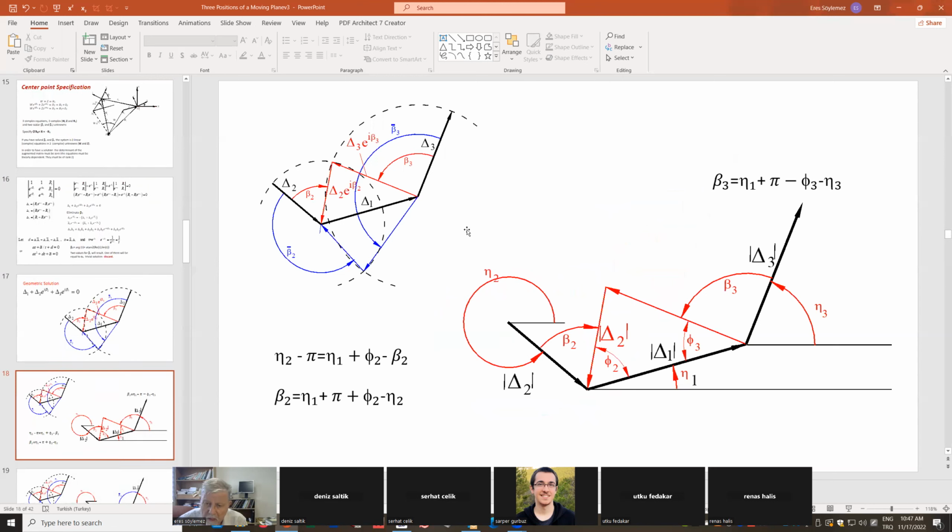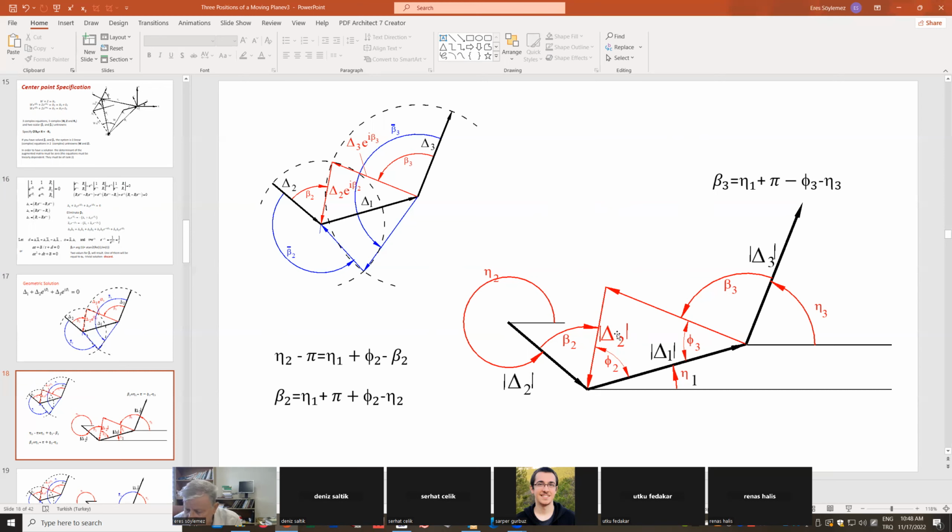Now, let us consider the one in red. I will have delta 2, delta 1, delta 3. These magnitudes I know. I can determine the magnitudes of those vectors, right?